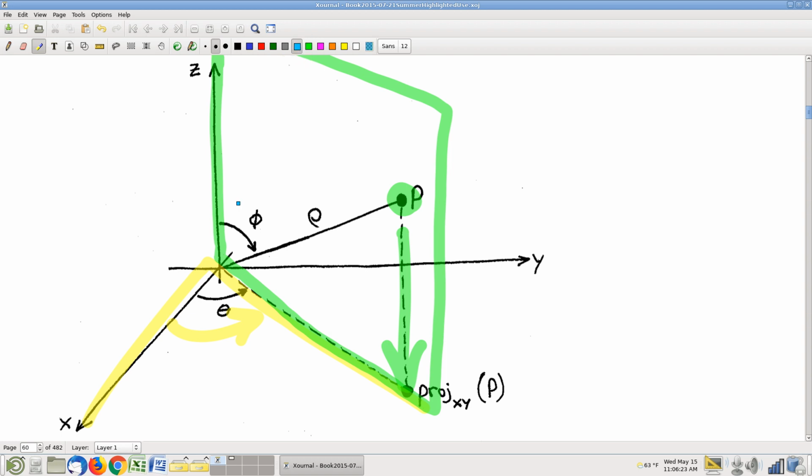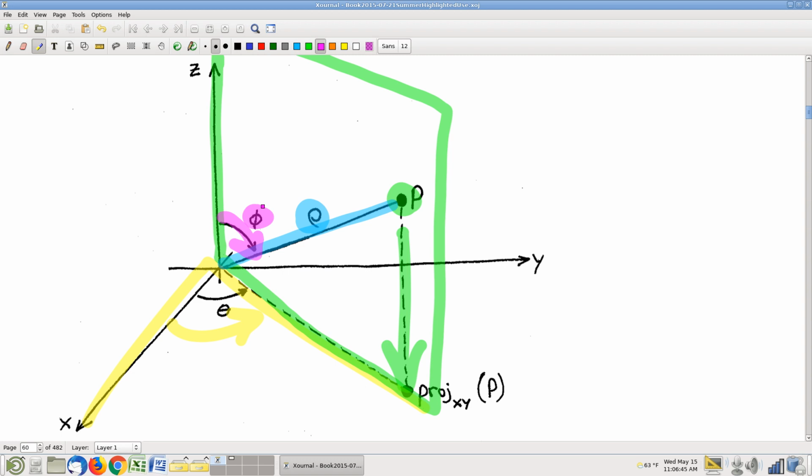We're going to look at what is this distance, rho. That's the Greek letter rho, by the way. And then we're going to look at this angle coming off of the z-axis. That's the lowercase Greek letter phi.